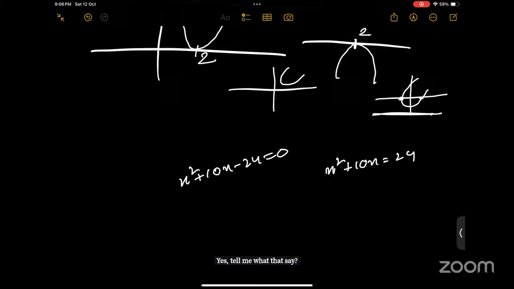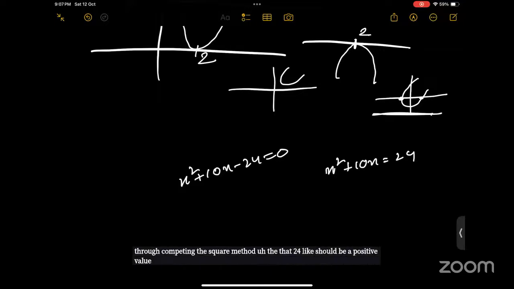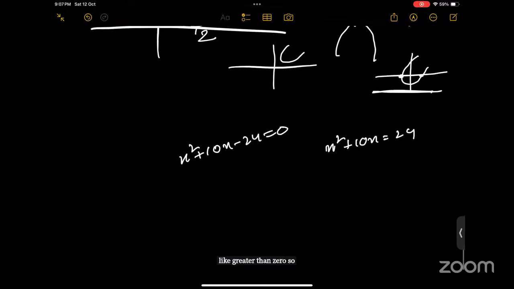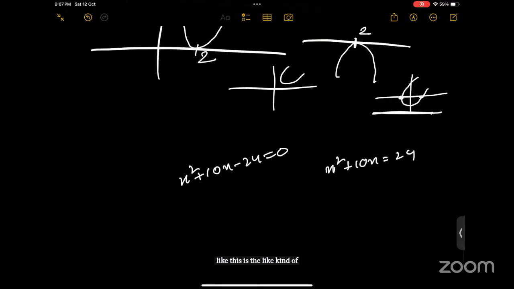Then to solve this function through the completing the square method, that 24 should be a positive value, greater than 0. So this is the kind of limitation he mentioned there.